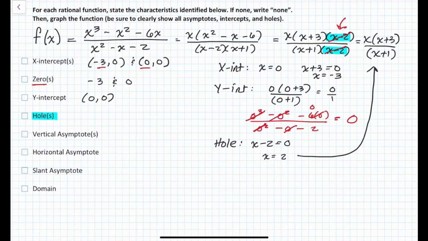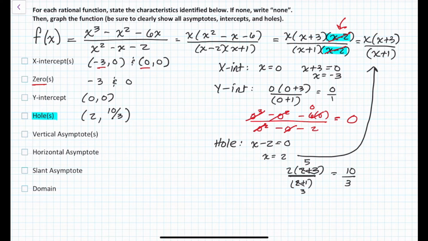And then we're going to plug in 2 into the simplified function here to get the y value of the hole. So let's see, 2 times 5 all over 3, so we get 10 thirds. So the coordinate point then would be 2, 10 thirds, which when we graph it, that will be 3 1/3. A little bit easier to think of it that way.